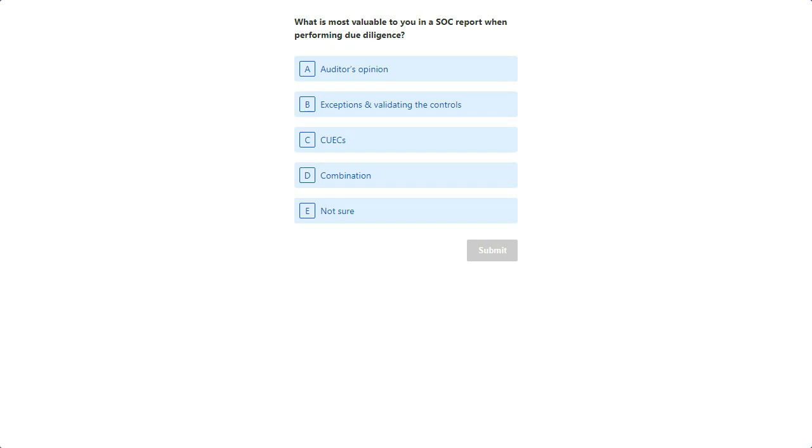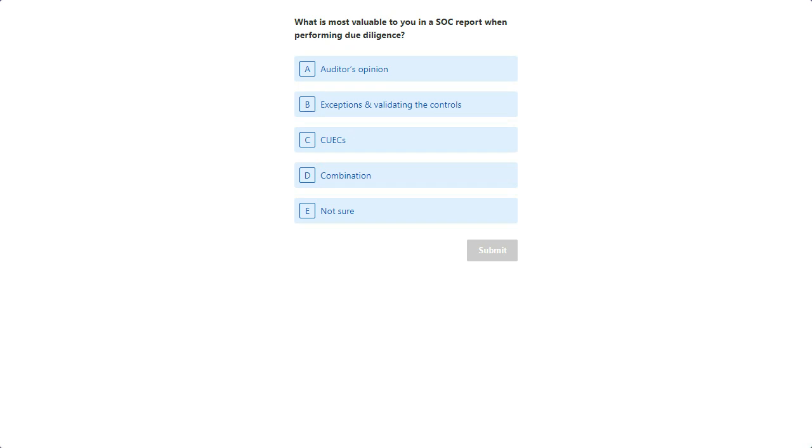The bigger question is really when to go beyond the SOC report. And this question has so many variables. So you really need to understand the type of vendor they are, what their criticality is, what risk they present to you, and what your dependency on them is. These factors are going to help you determine when and how far beyond a SOC to go. But as a general rule of thumb, I always recommend reviewing the SOC report if they have one.